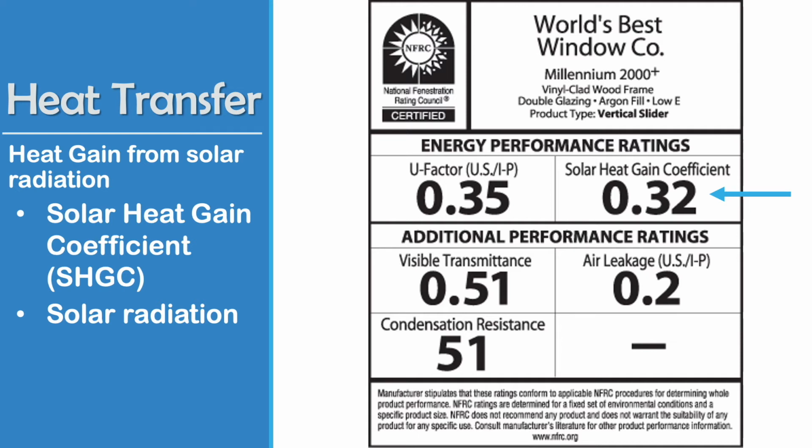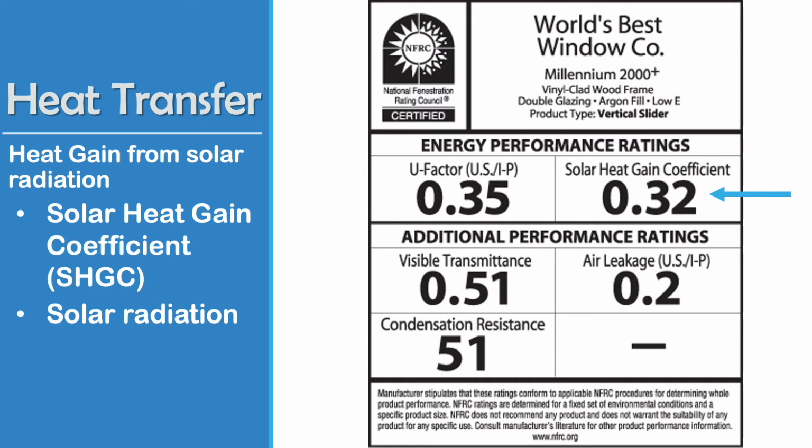That means less solar heat is entering into the space. However, for passive solar heating, larger is better. We will be talking more about solar heat gain when we talk about passive heating, but it's important to keep this in mind as we move forward.